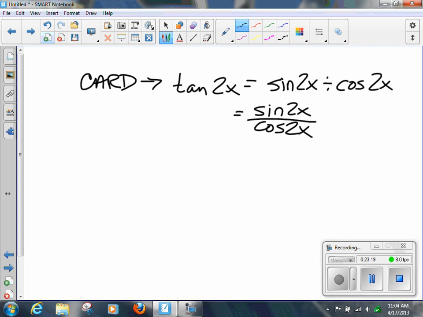Now, let me ask you this. What if I gave you a problem and I just told you find tangent of the double angle? I didn't tell you to find the sine of the double angle or the cosine of the double angle. Then use which formula? The first one, the 2 tangent x over 1 minus tangent squared. Then you kind of have to. Do you have to, though?